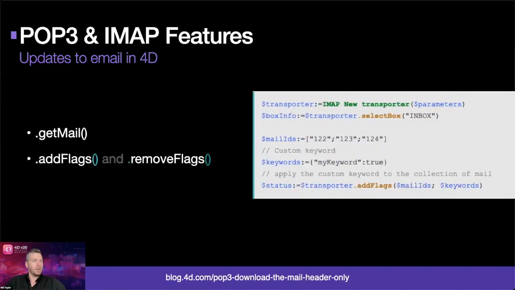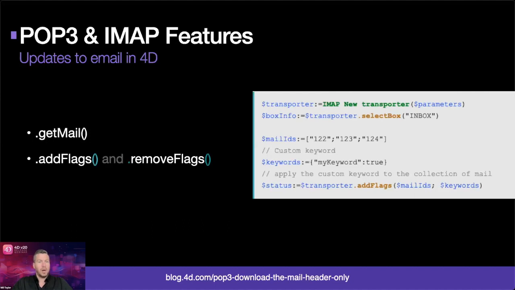And the IMAP protocol inside the transporter has also been extended to support the following. The addFlags and removeFlags functions now accept arbitrary words as keywords for flagging mail in any way you see fit.